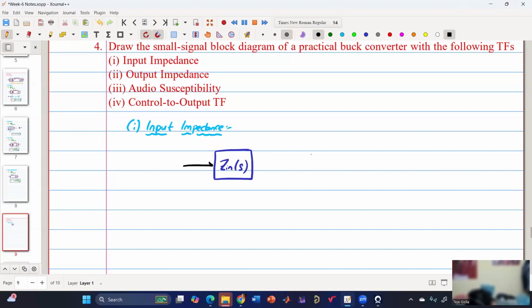I in will be the input and V in is the output. Yes, I in tilde of S will be the input and V in tilde of S is the output.